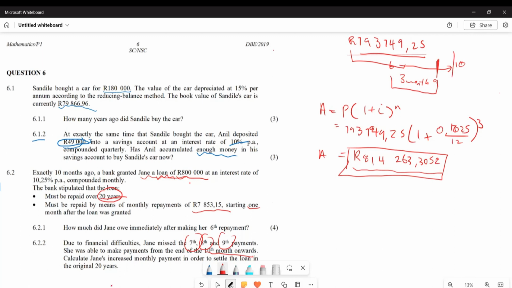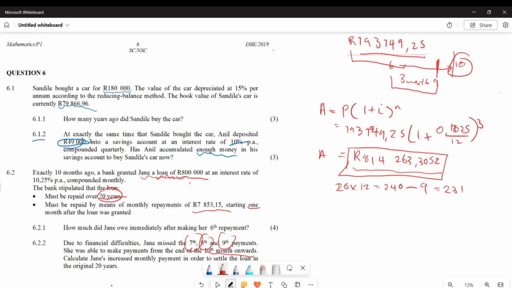So let's start with the months. How long was she supposed to pay? We know it was 20 multiplied by 12, the original installment, which was 240 months. From the 240 months, we subtract 9 months, because she started from the 10th month, which gives us 231.